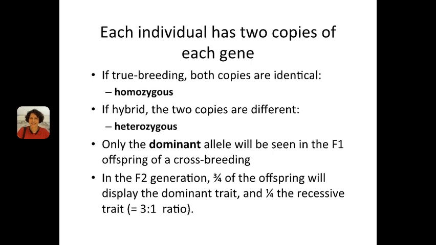If you now take a true breeding tall and you cross it with a true breeding short, you will see that all of the offspring of that cross are going to be tall.